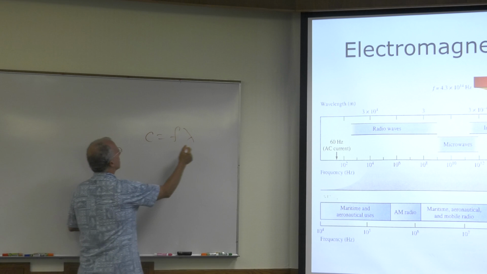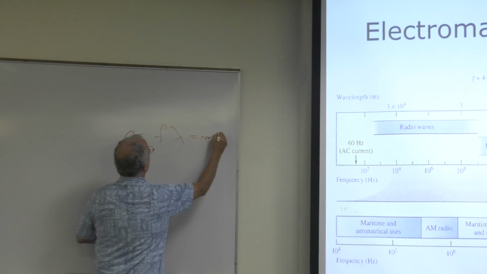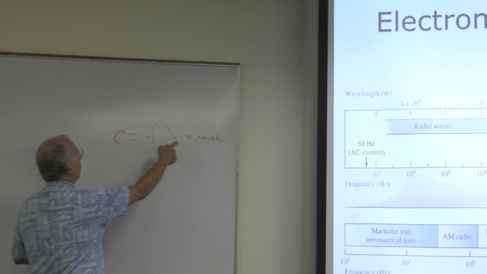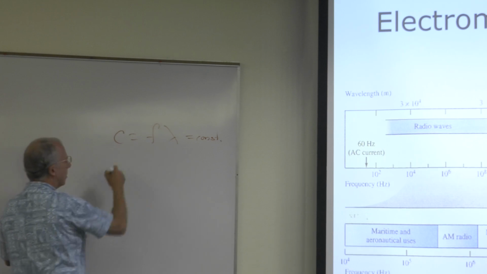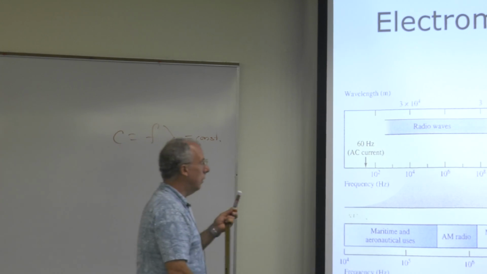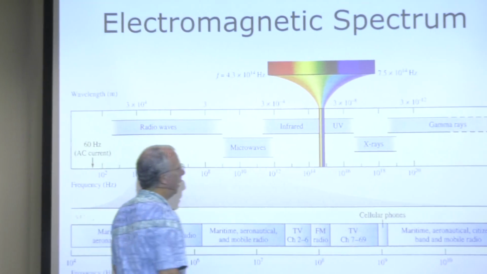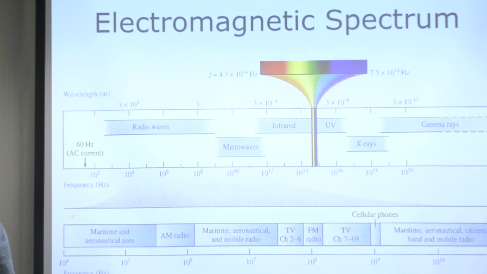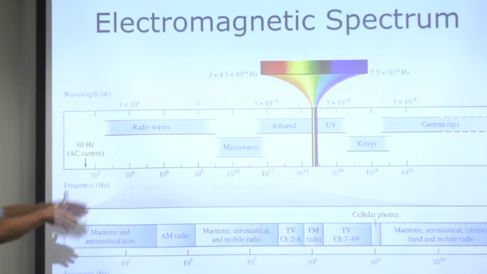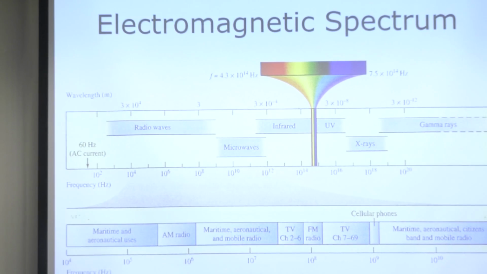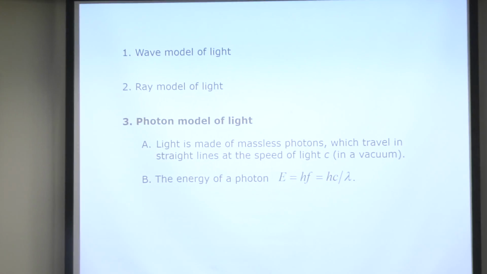So this is constant, but you can have any kind of frequency and wavelength as long as the product equals the speed of light. So you have really long radio waves, really small gamma rays, and so forth. So you have this spectrum of light. And we talked about how important it is in astronomy.